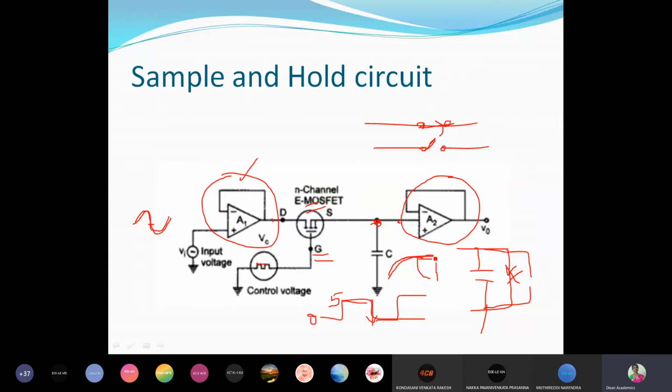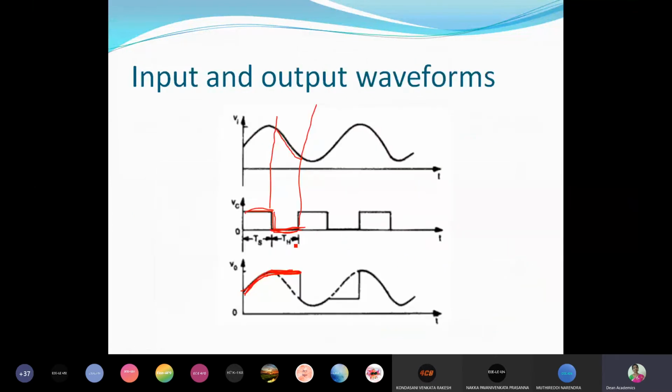It will maintain that voltage. That means it is holding that voltage. Previously, when the control voltage was 5 volts, what was the voltage across the capacitor? The capacitor is holding that voltage, right? So it is holding that voltage for some more time. How long is it holding? Till the next input it receives, right?